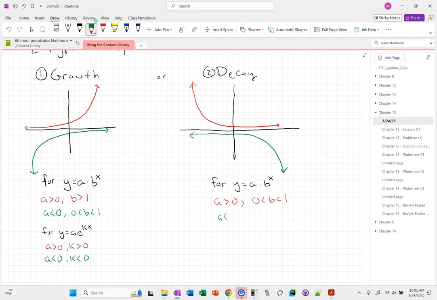Or a less than 0 and b greater than 1 for the green graph. Or if you're in the other form, that's a greater than 0, but k less than 0 for the red graph. And then a less than 0, k greater than 0 for the green graph.